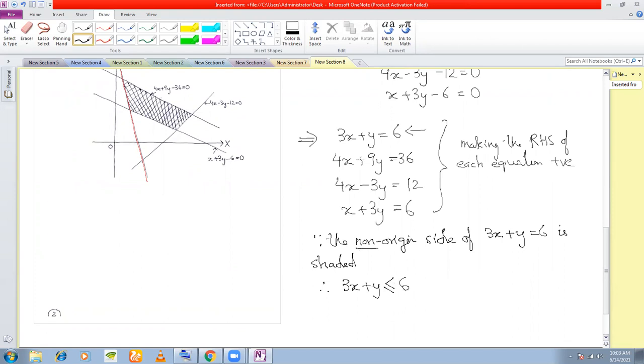If the non-origin side is shaded, we'll give a less than or equal to sign. So this shaded part represents this inequality.